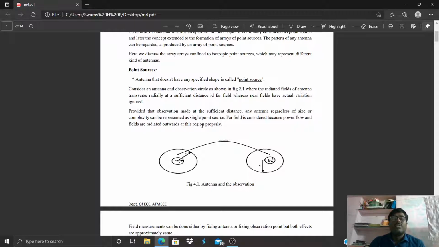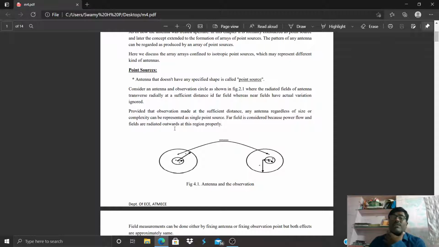These antennas are kept at a distance r between the transmitting and receiving antenna, so they can be treated as single point sources. Far field is considered because power flow and the fields are radiated outward.